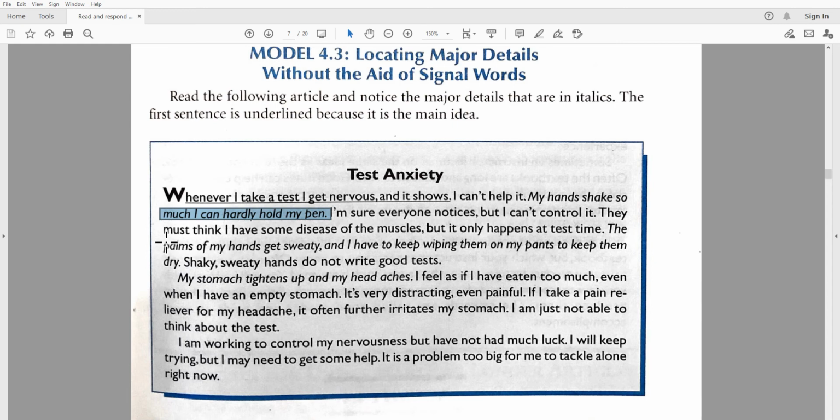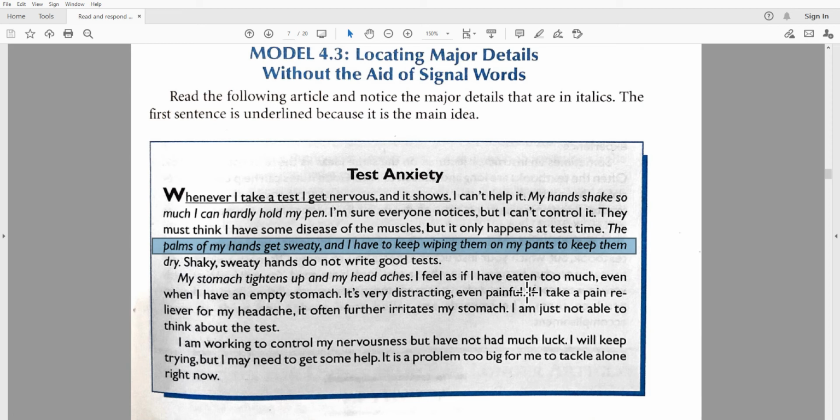And down lower we see another supporting detail. "The palms of my hands get sweaty and I have to keep wiping them on my pants to keep them dry." And so here this continues with the example to further illustrate the author's nervousness is shown by having sweaty hands and that they have to keep wiping them off.